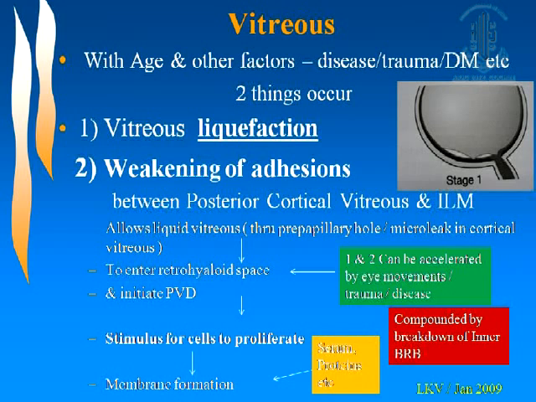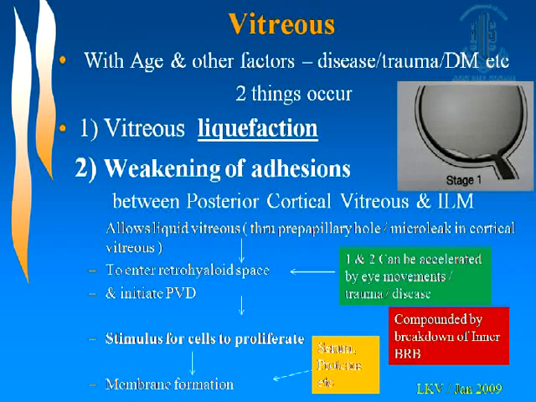This weakening allows the liquid vitreous to seep in through an anatomical hole, the micro leak, and this enters the retrohyaloid space and initiates this process of perifoveal PVD.